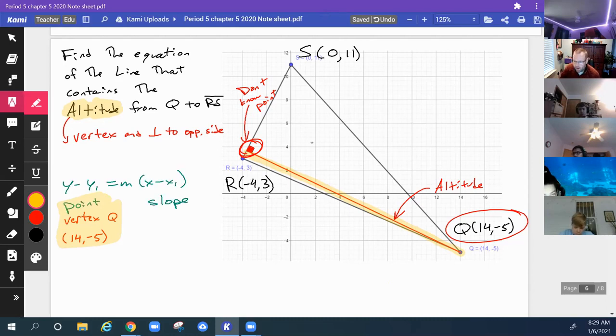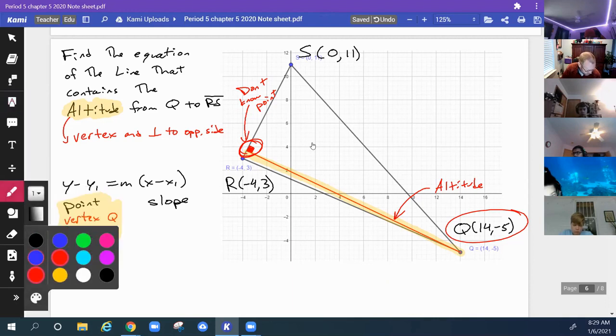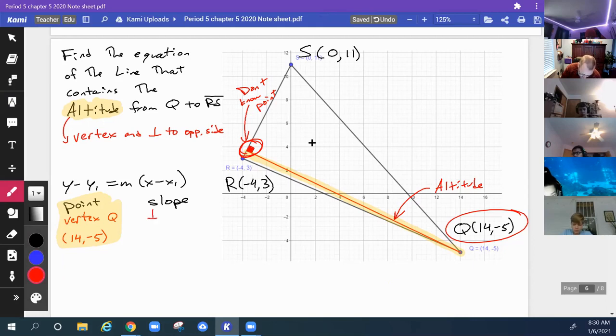The other thing to think about then is the slope. All I need to do is figure out slope now. And remember, there's a key phrase above it. Remember, the slope is perpendicular to RS. Remember, it's perpendicular. I can see right there I got the little perpendicular symbol drawn in. So remember what perpendicular slope is.